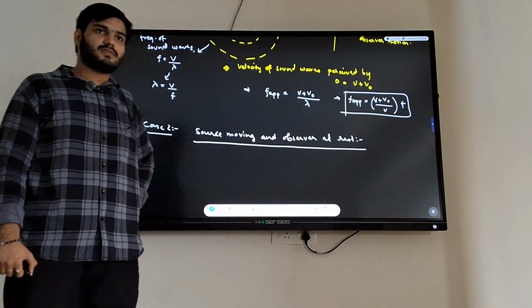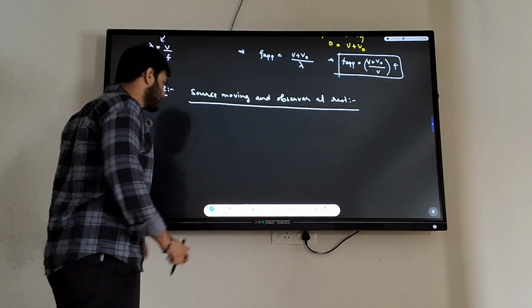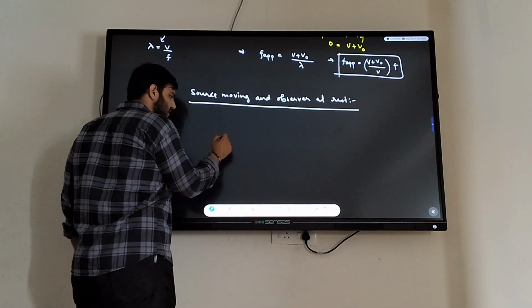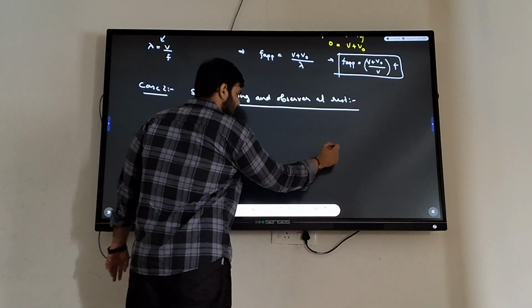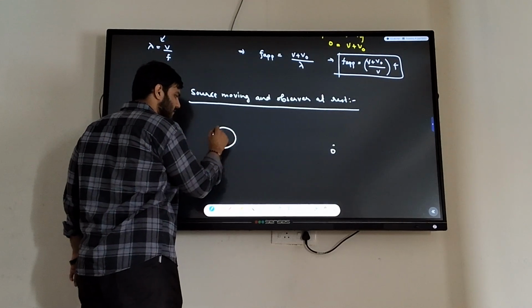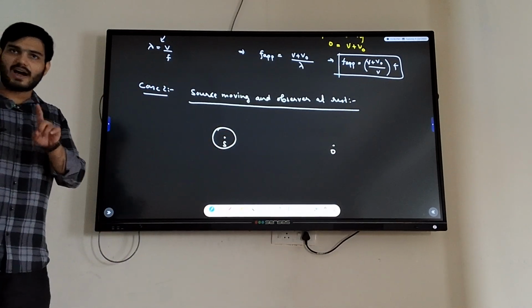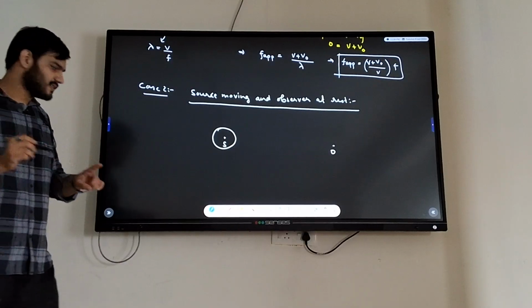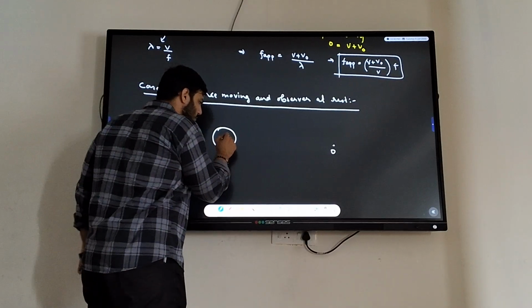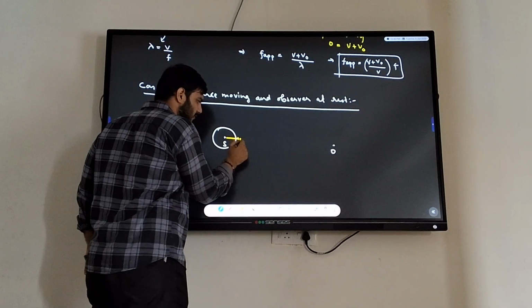Yes. So let's see. This is my source, and this is my observer here, and this is the sound wave that it gave off at t equal to 0 when it was not moving at all. After t equal to 1 second, this thing will move a little bit, comes here, and now it gives this sound wave here.